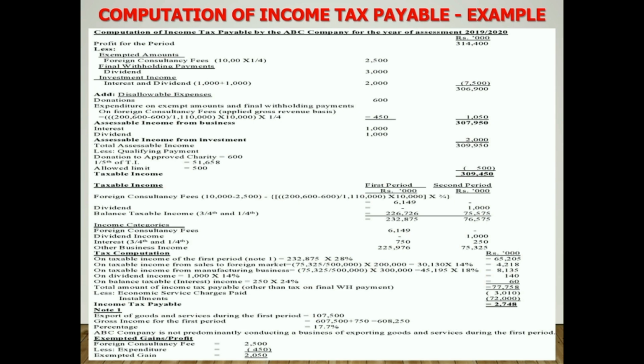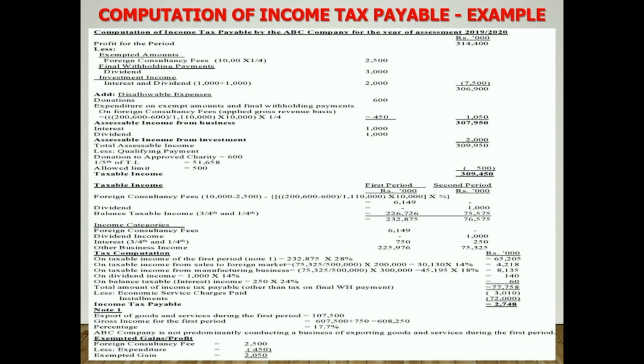Donation of rupees 600,000 has been paid, and expenditure on the exempted amount is rupees 450,000. In computing that, I have used a pro rata basis to compute the expenses incurred on these exempted amounts.